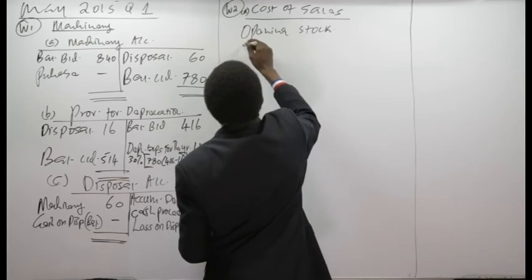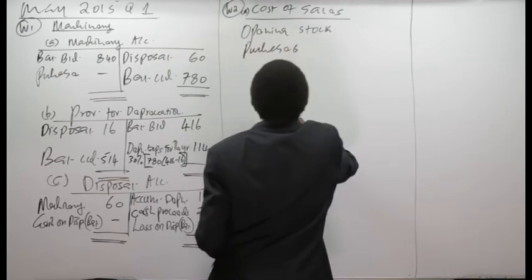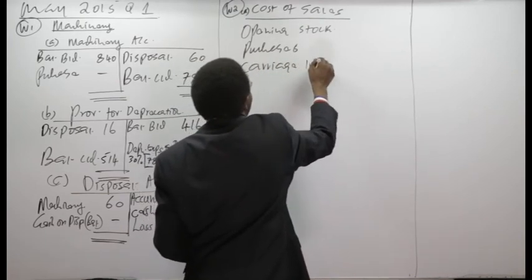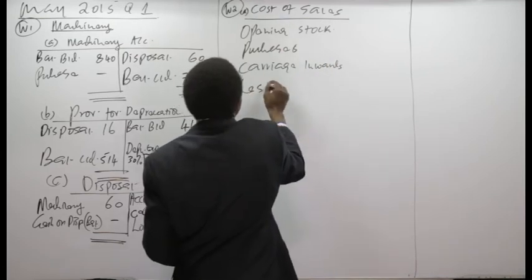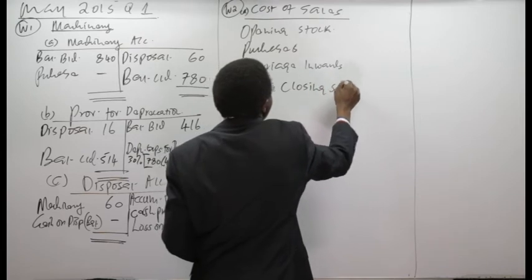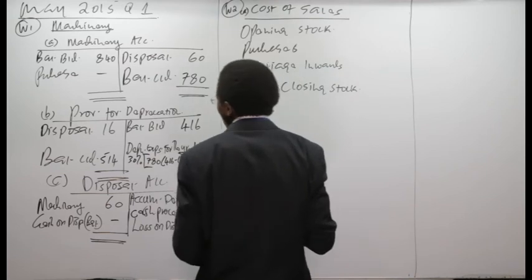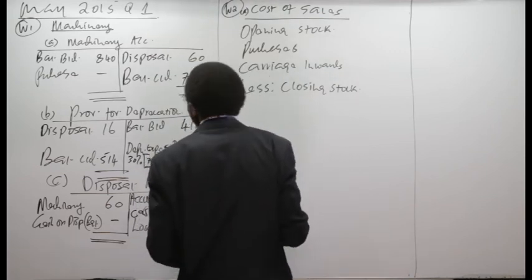Then we talk about purchases. We talk about carriage inwards. We less closing stock. As you must have seen, we also had depreciation. We had loss on disposal.